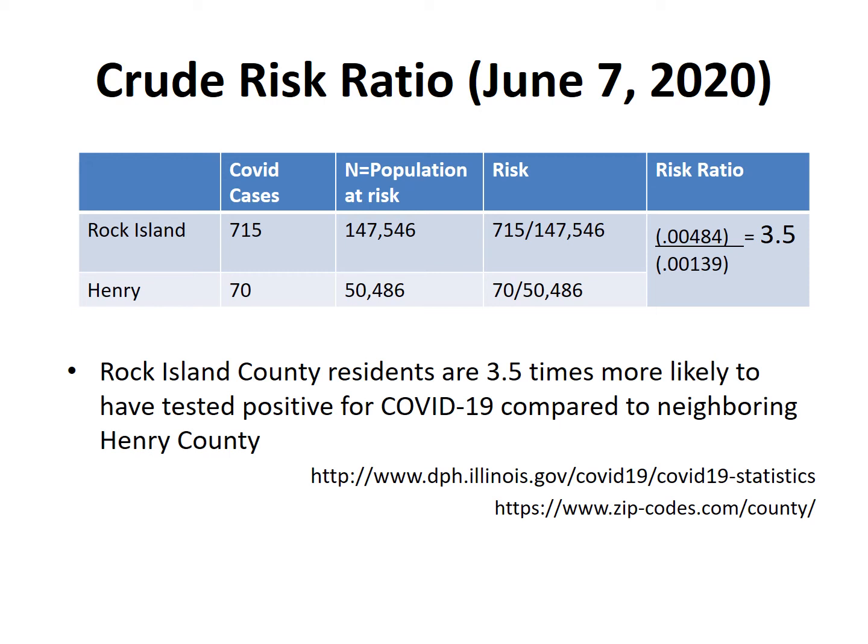So it's not just the COVID case numbers that are lower in Henry County, but the population size is also quite small. So proportionately, the risk of COVID-19 in Henry County is only 0.00139. And so taken as a ratio, you can see that the risk in Rock Island County is 3.5 times greater than the risk in Henry County.